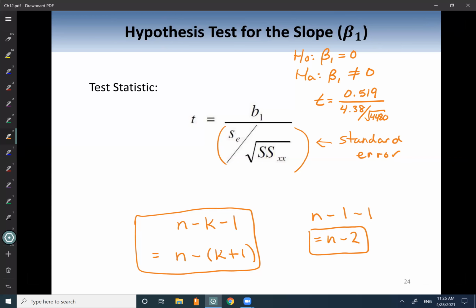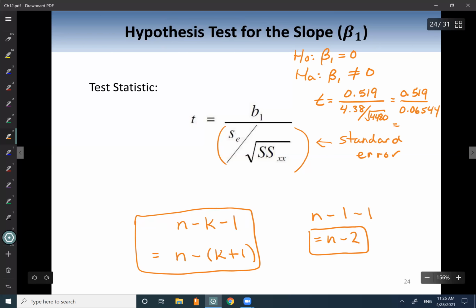So we take the square root of that. That ends up being 0.519 divided by 0.06544. I'm doing it separately because you may be asked what is the standard error for the slope coefficient, and if you are asked that, you simply enter in for your answer 0.06544, because that is the standard error.